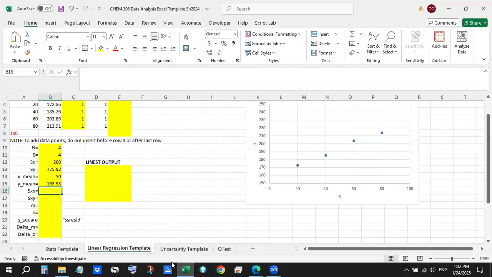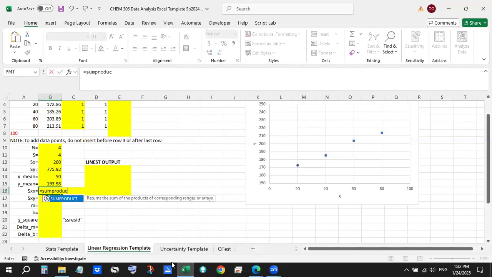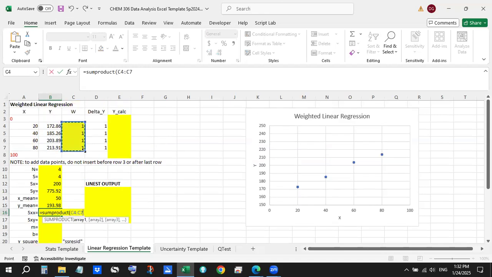So we're going to say this is equal to SUMPRODUCT. And then you have your weights, comma. SXX would be the X values minus X centered, right? And you have to square it. So let's do parentheses.